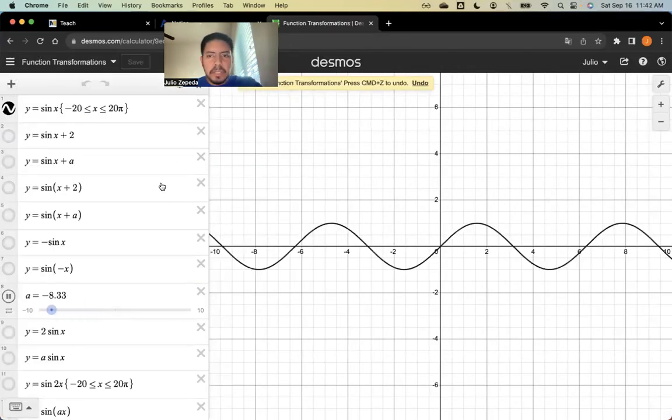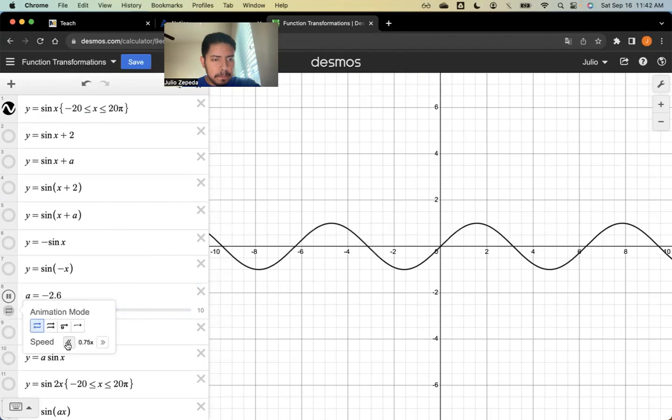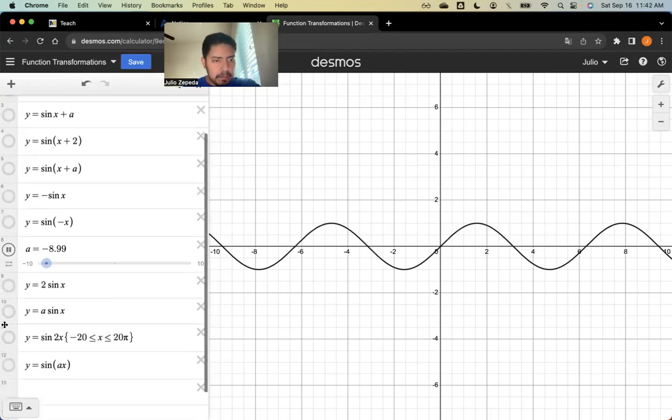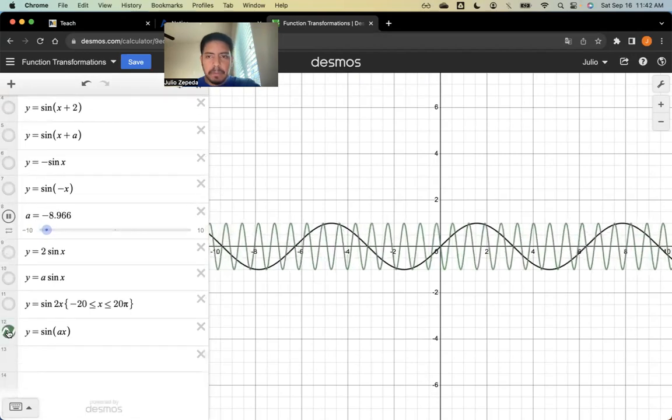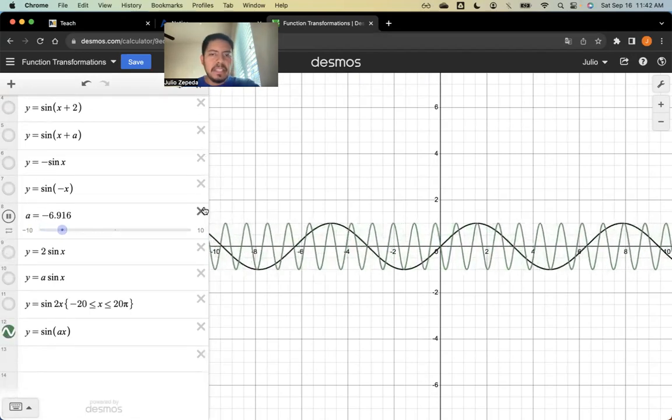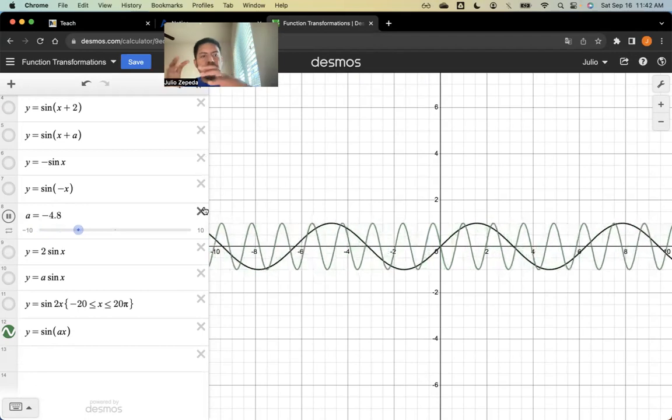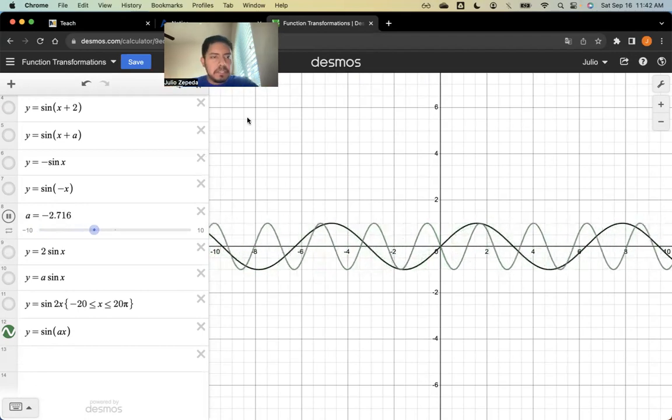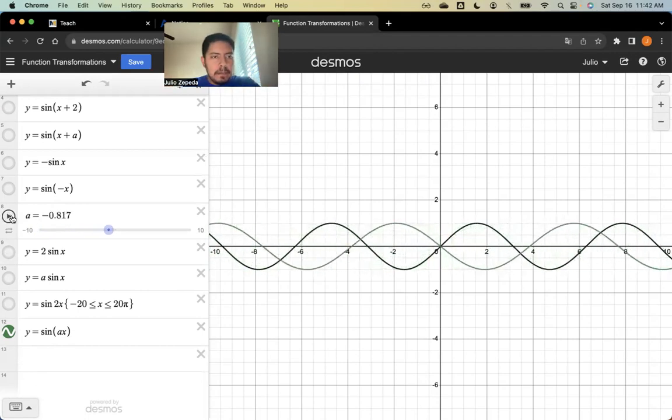Just to see, so here's a regular function called sine of x. And if we look at sine of ax, where we put a number in front of there, you can see that it stretches. Right now it's stretching the function. So here's a value. Whoa, that's very stretched.